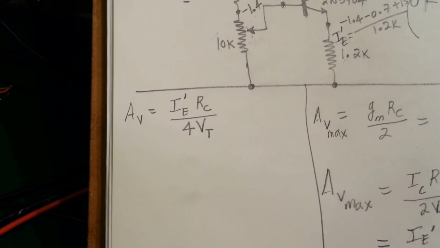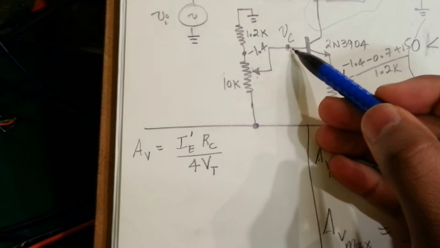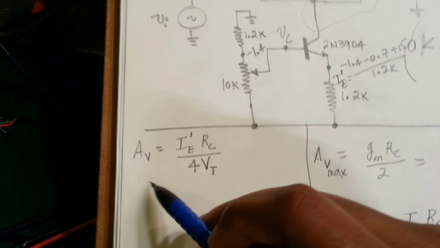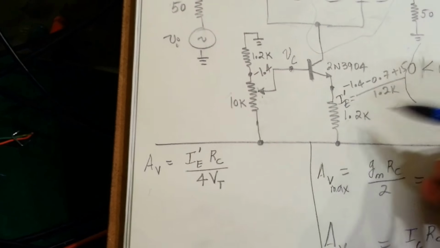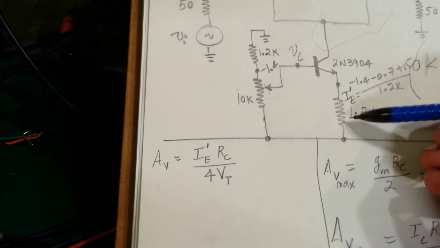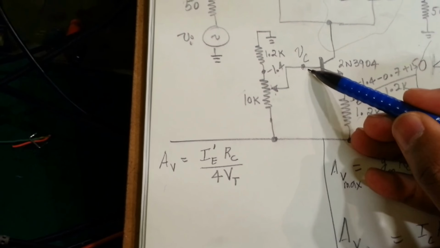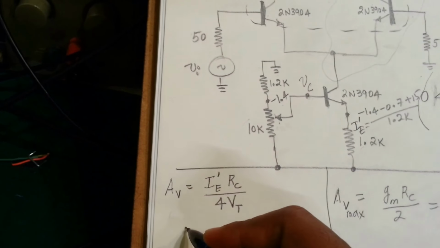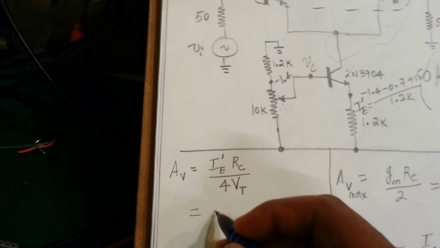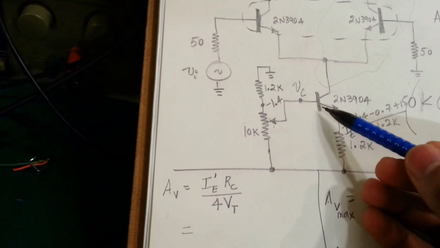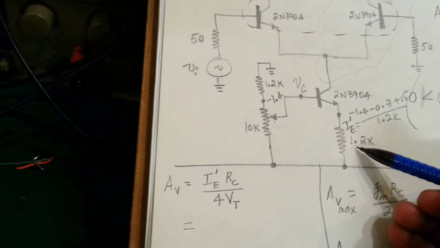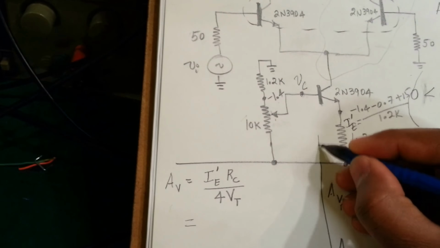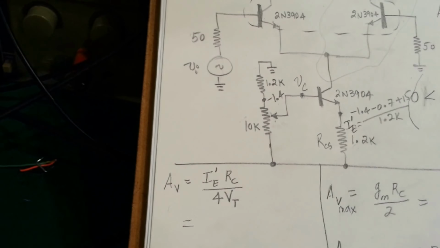We're going to start from this one, which we have derived already, and we know IE prime is this current here. So this current depends on VC, so it's very easy. IE is basically VC minus VBE of this transistor divided by this RCS, which I should include here. That is the controlling voltage.